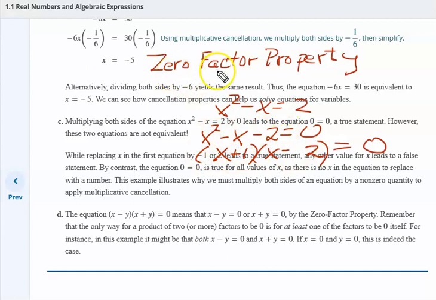Now the zero factor property is if the equation is in standard form, we factor it and then we equate each of the factors to 0. So here x would equal, transposing that, a negative 1, and here x would equal 2 would be the solution for that. And they are actually describing that down in section D.